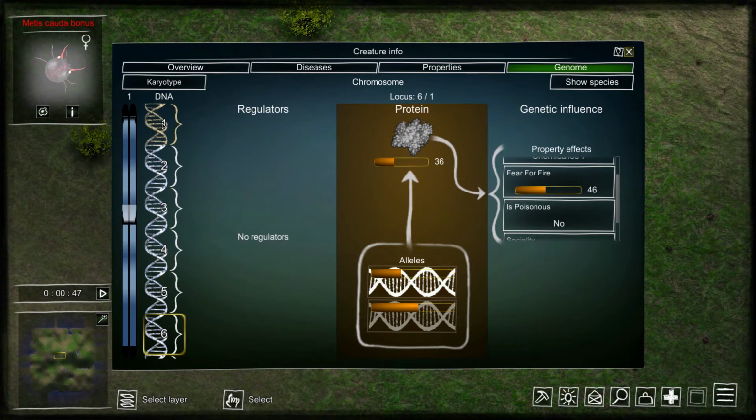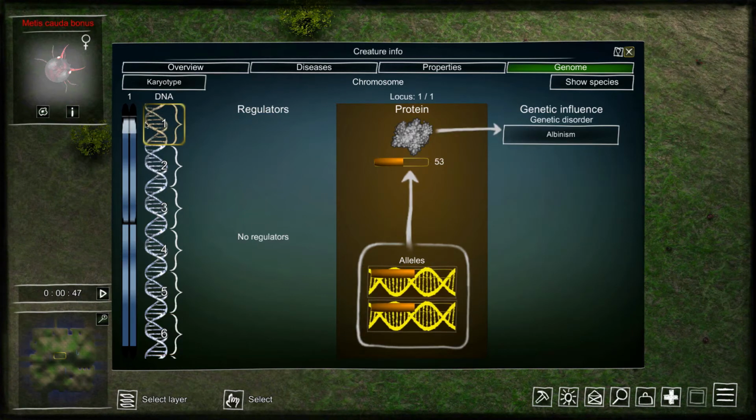In this species, the albinism gene is located in chromosome 1, as I mentioned, and here in this chromosome to locus 1. The disorder allele has a yellow color and it is presented here. So this creature has inherited the same allele from both of his parents.